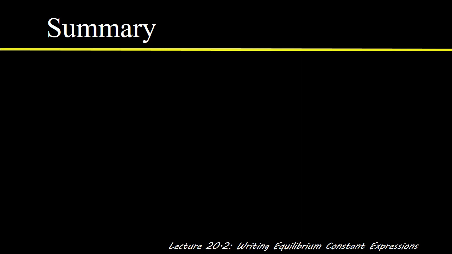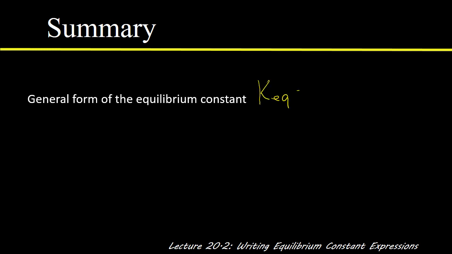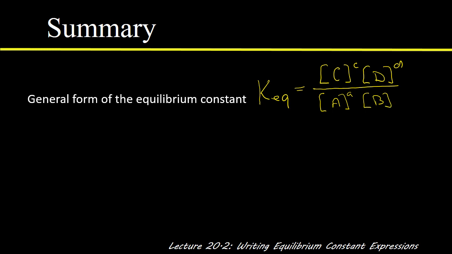So, we end up with a summary. Remember the general form of the equilibrium constant. Again, even though it's actually defined in terms of activities, if I ask you for the equilibrium constant, it's just the concentration of the products, this goes for that hypothetical equation that I showed you earlier, divided by the concentration of the reactants, all of them raised to the power of their stoichiometric coefficients.